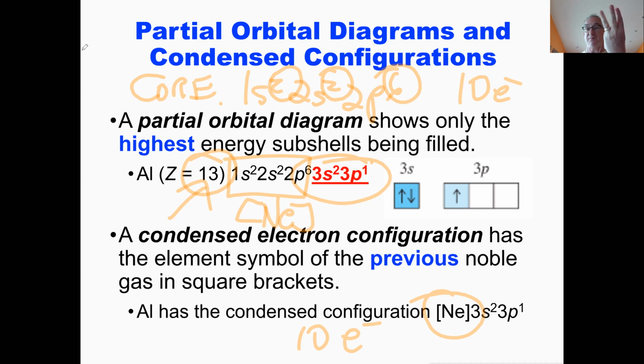Aluminum only has 3 electrons in its outermost shell, so it's filled S, and it's put 1 electron in one of the P orbitals. As we keep going across, the next element puts another electron in, and then another one, and then basically we fill all the orbitals. But this is the outermost shell, and so it's all the electrons in the outermost shell, regardless of what subshell they're in.